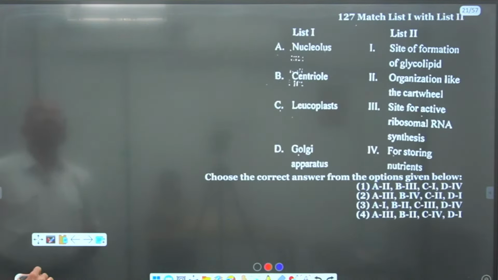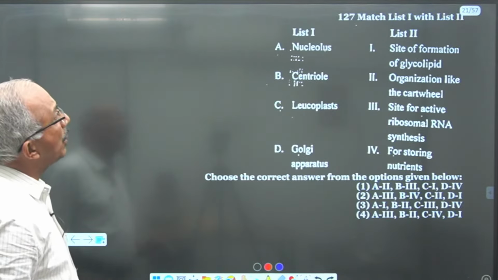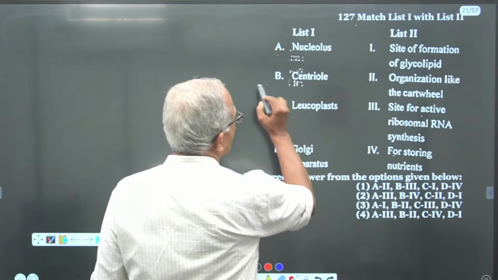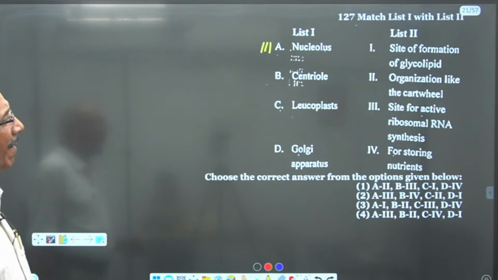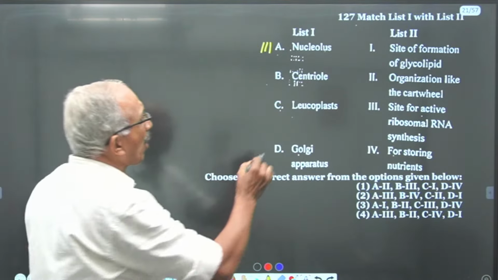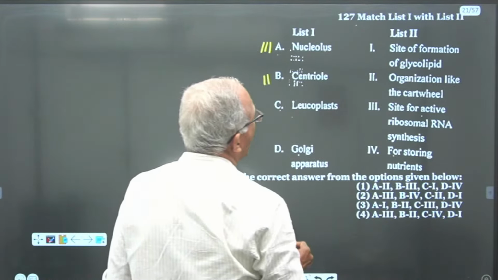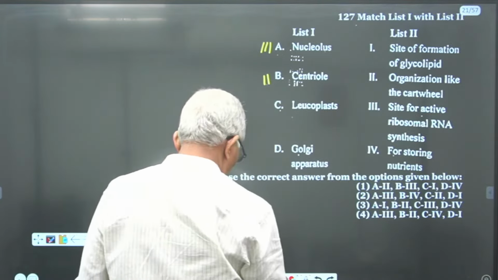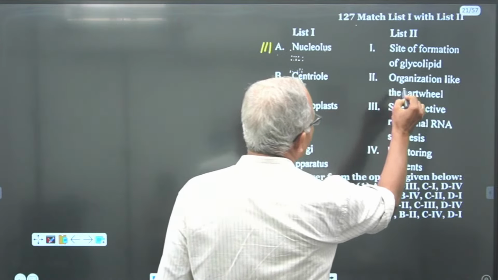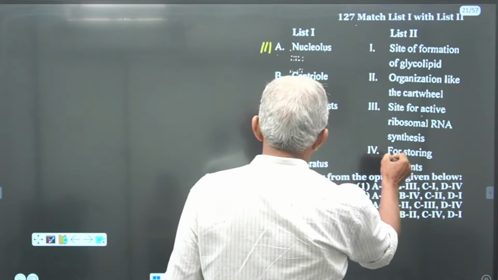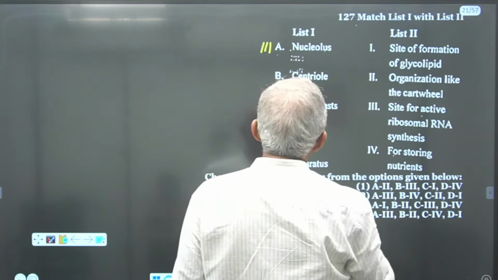Next. Match the following. Here, nucleolus is site of ribosomal RNA synthesis. Centriole is organization like cartwheel.